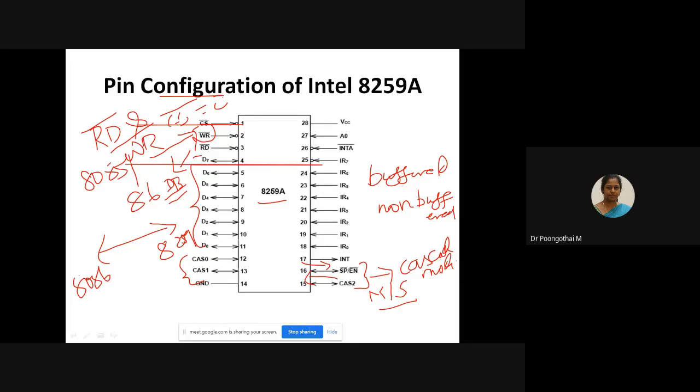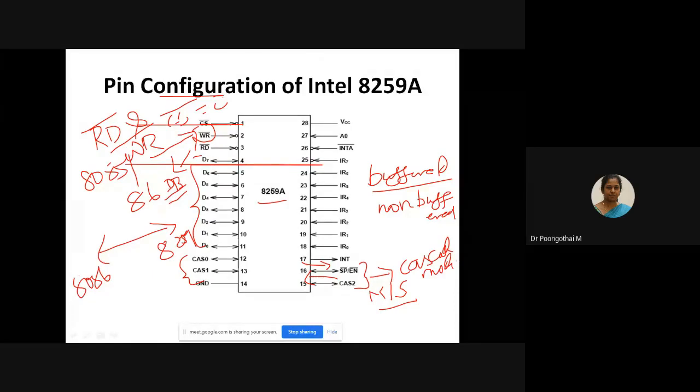Buffered mode means we have data bus buffers in 8259. To enable and disable the data bus buffer, that is, when the data are being transferred from 8259 to the CPU, this pin is made low or high in the case of buffered mode.